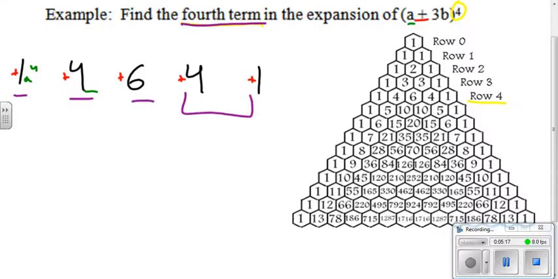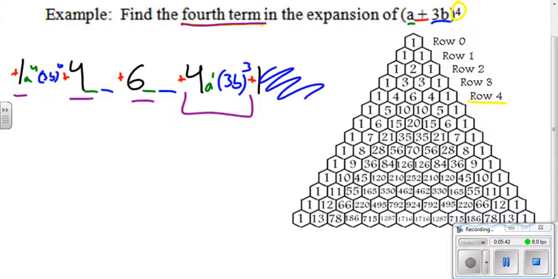This piece is the only one we need. So we'd have a to the fourth, a to the third, a squared, and a to the first goes right here. Similarly, if we have 3b here, it would be 3b to the 0th, 3b to the 1, 3b to the 2, and 3b cubed right here.